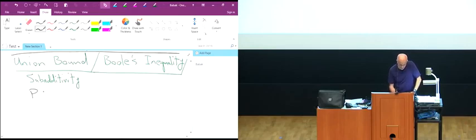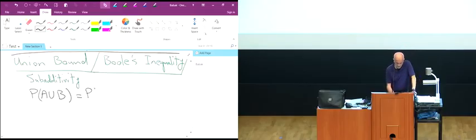If I have, what did we say about the probability of the union of A and B? It's the probability of A, and then what? Help me out here, people.